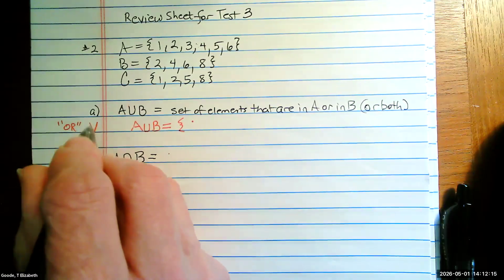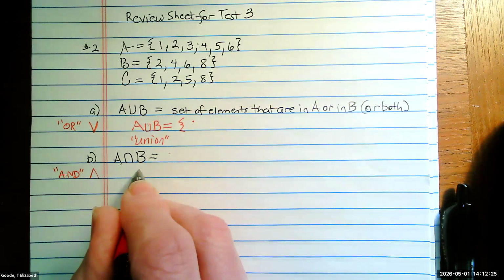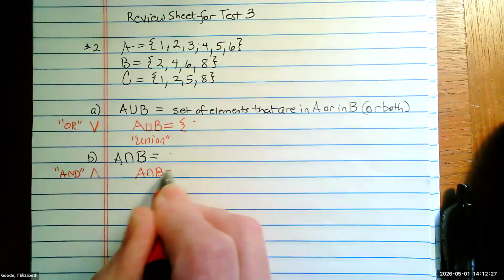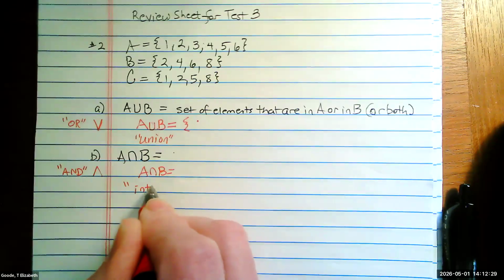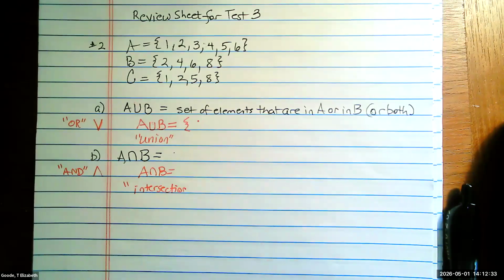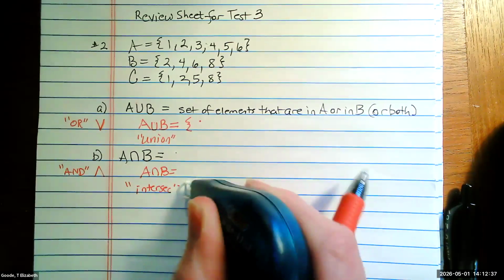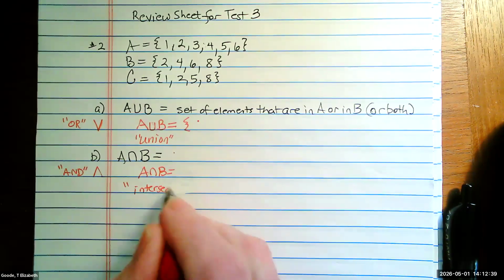The or operator is cupped up, the union operator, which is different from the intersect operator. Union is the or, and intersect is our and.